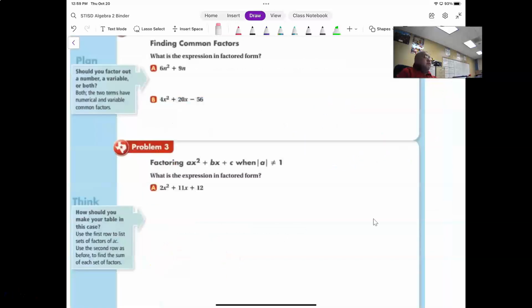For b, we have 4x squared plus 20x minus 56. So we have 4 times x squared plus 4 times 5 times x plus, I know that 4 times 14 gives you 56, and I put a plus, I should have put a minus.